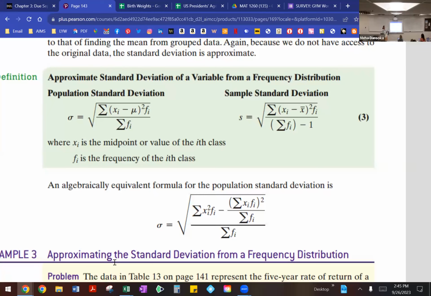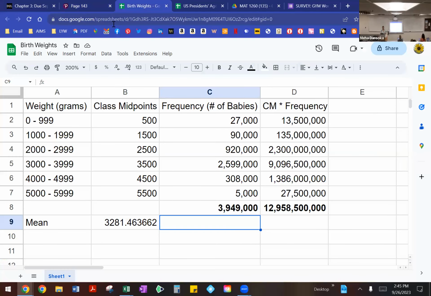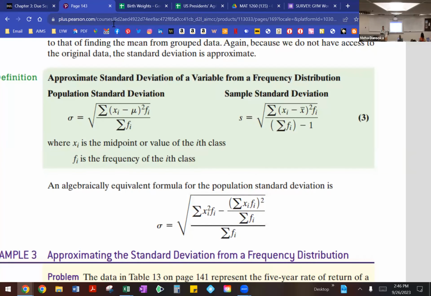Honestly, if you're using technology, it really wouldn't matter which one you end up using. So let's go back to our little spreadsheet here with the birth weights. We'll have to create a new column to do the subtraction between the midpoint and the mean.